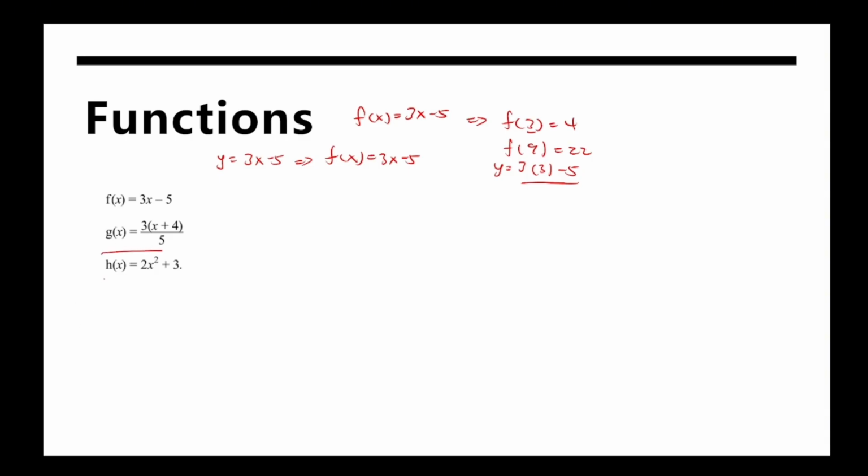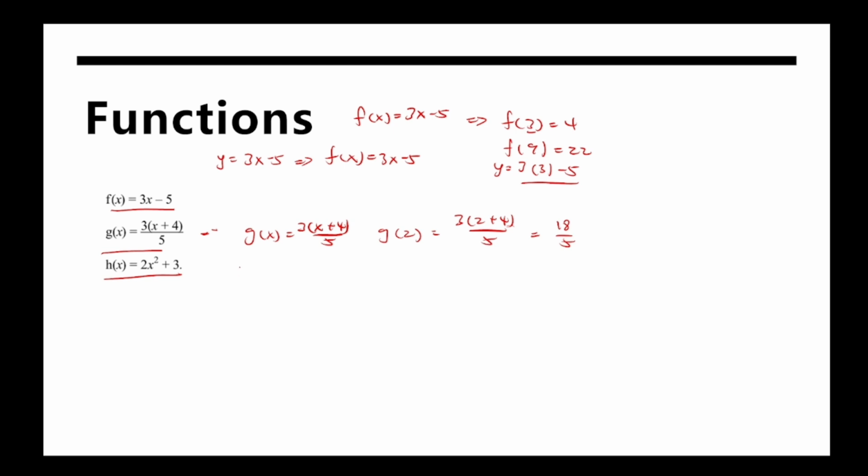Here are some examples of functions. For example, g here. g(x) equals (3x plus 4) over 5. So g(2) is (3 times 2 plus 4) over 5, which is 10 over 5.